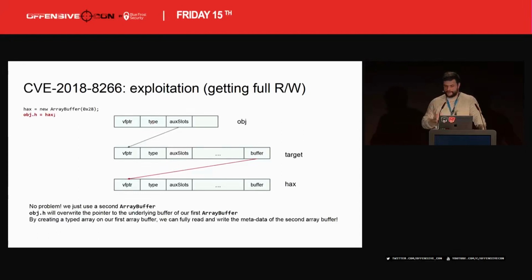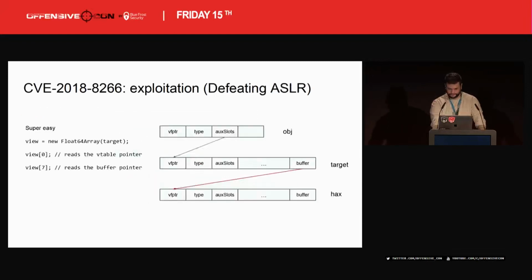What that gives us is that array buffers are really nice because you can declare typed arrays on them, and typed arrays give you a way to actually read and write memory values that are not going to be tagged or anything. They are just going to be stored directly with their representation. So now by creating a typed array on target, I'm able to modify whatever is in hacks with the values I want. And now I have full control over the hacks data.